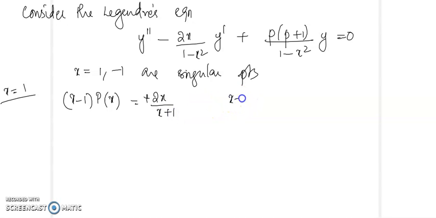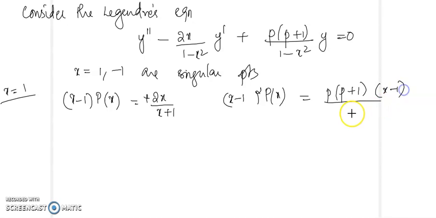And x minus 1 whole square into q of x will be, you will get p into p plus 1, and x minus 1 cancels out. So you will have minus of 1 plus x in the denominator. You can see that when x is equal to 1, these functions are analytic. 2x by x plus 1 is analytic at x equal to 1, and similarly this function is also analytic at x equal to 1.